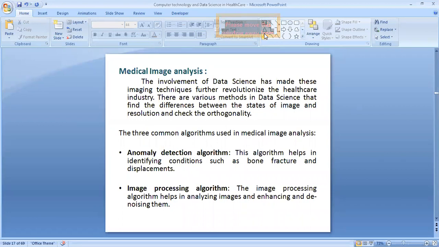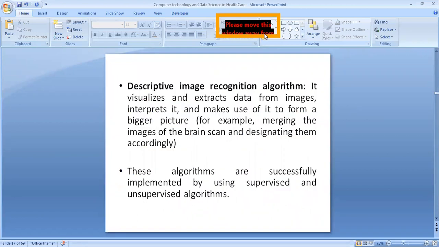Image processing, of course, most of you must be familiar with. We have several techniques to localize a particular area out of the whole target, a sample tissue. If you want to focus on one particular area, you can go in for segmenting. You can enhance it, improving the visualization, all those things are possible.